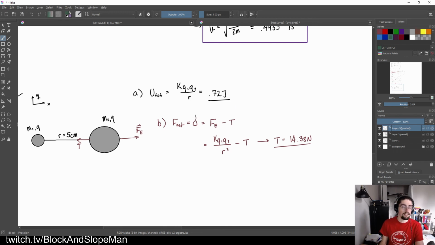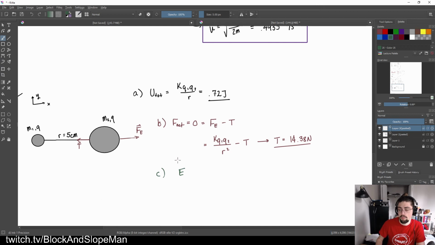Okay, and finally, here's the tricky one. So I gave you the hint earlier that the kinetic energy is not necessarily divvied up equally between these two spheres. And now I can confirm that it's definitely not. Let's write this out. Total energy, or let's do change.